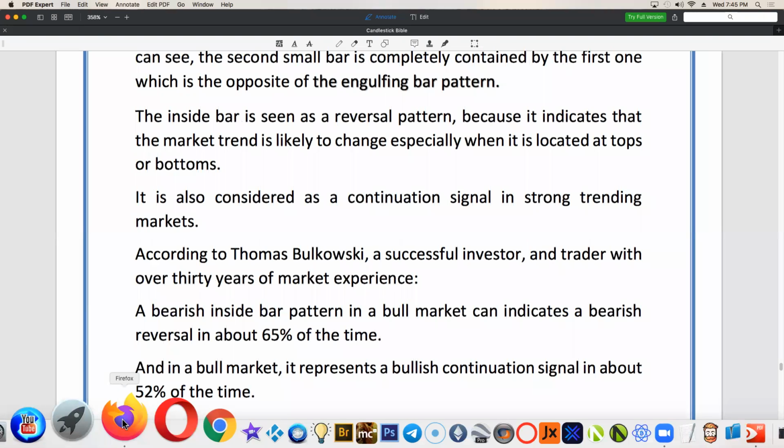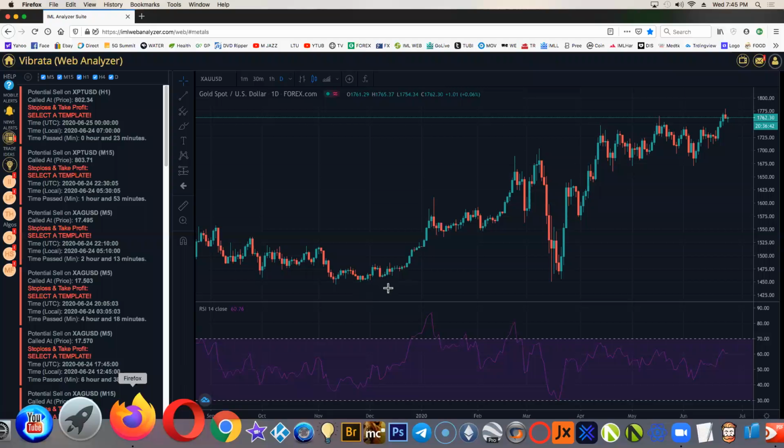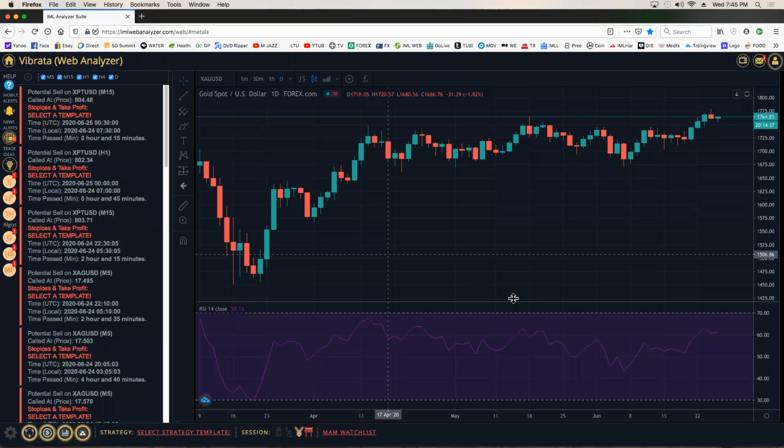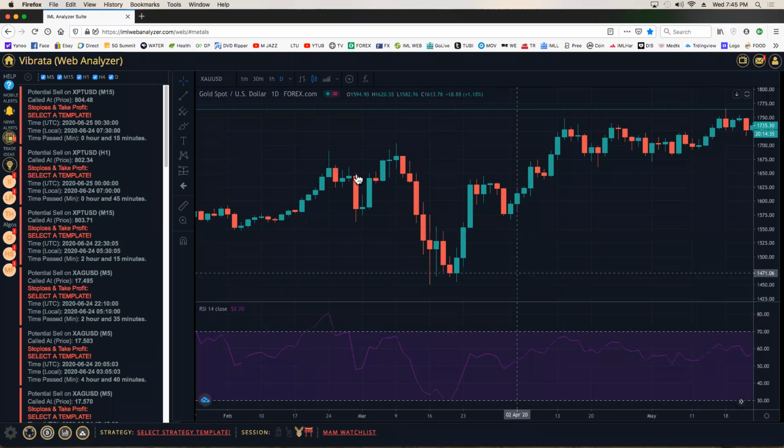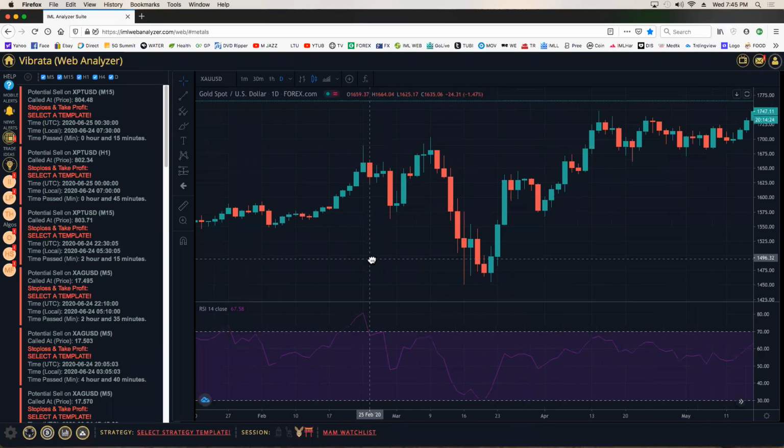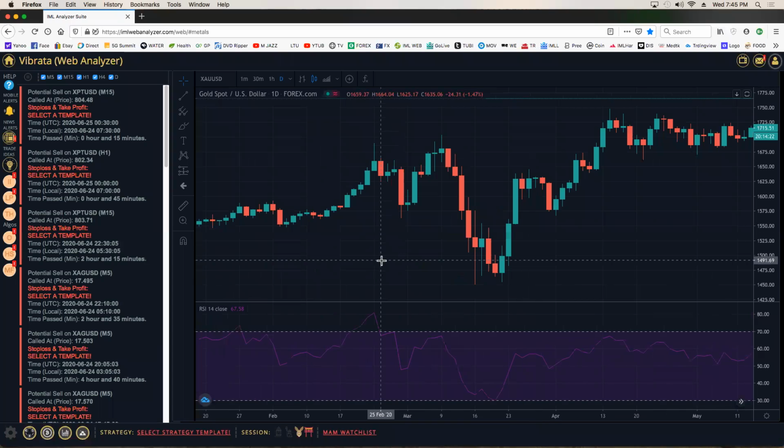Let's see if we can find an inside bar pattern. I didn't even put the EMA on here. Now I see the engulfing right there. Let's see an inside bar pattern. Is that the mother candle? And that's the inside candle right here?